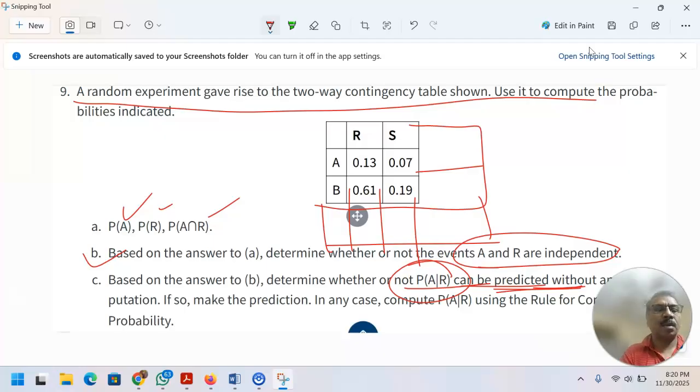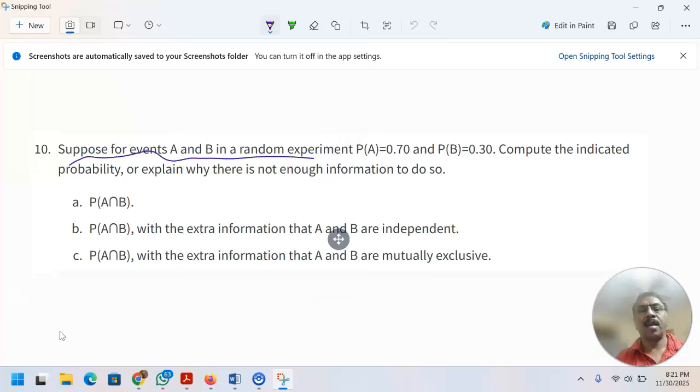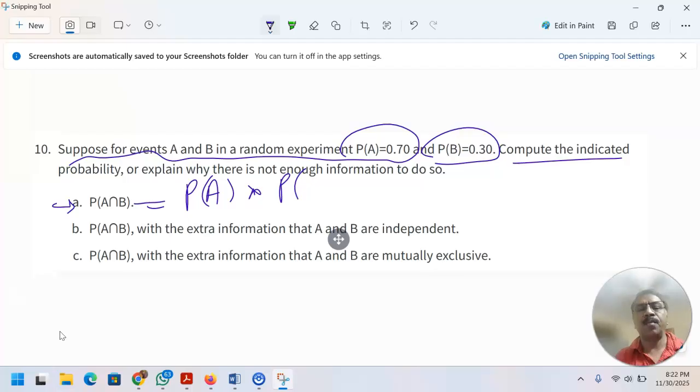So let me go directly to it. Suppose events A and B are given, with the probability of A and B, and the first question is to find the probability of A and B. The right way to do it would have been the probability of A times the probability of B when A occurred, or the probability of B times the probability of A when B occurred.